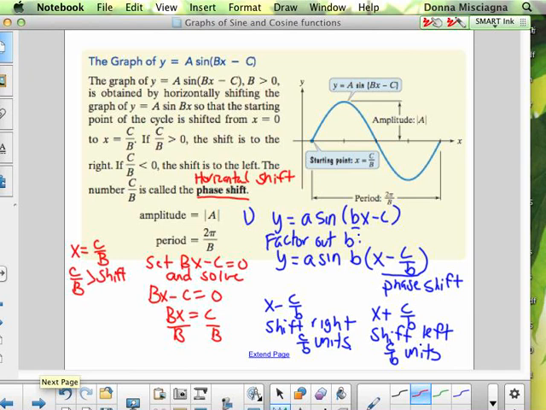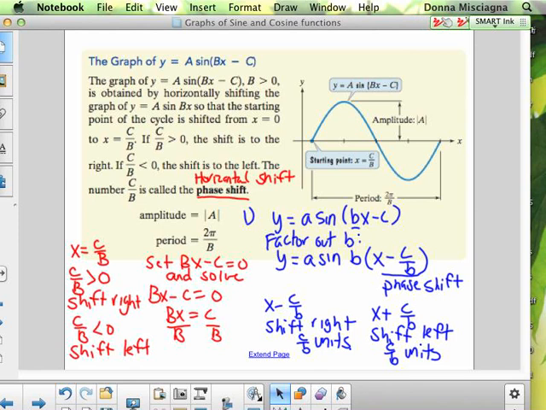So if c over b is greater than 0, which is the same as x minus c over b, that would be shifting right. If you have x equals c over b and c over b is less than 0, then it shifts left. And there we go. So let's see that in action in the next graph.